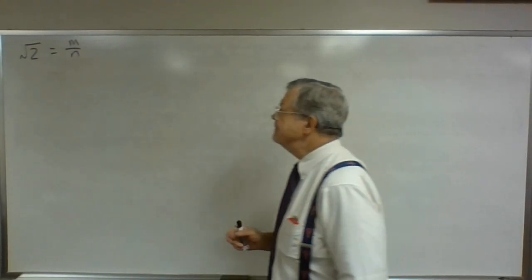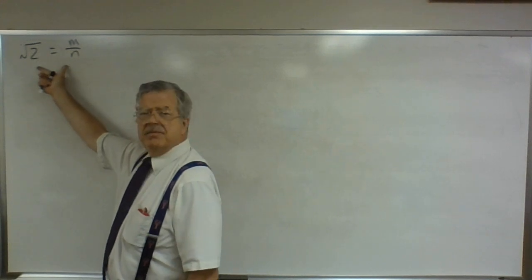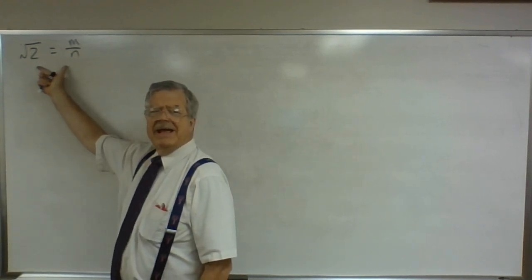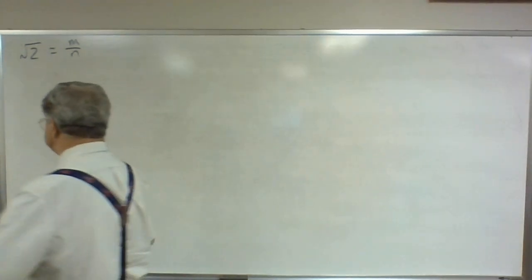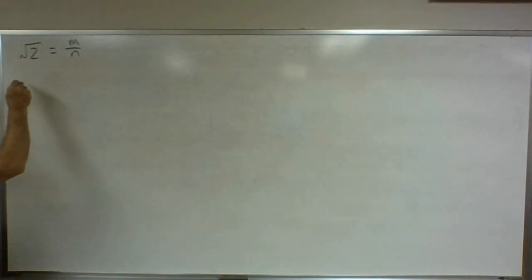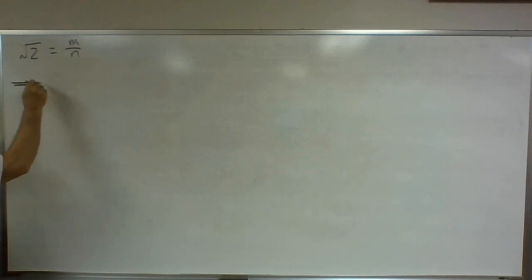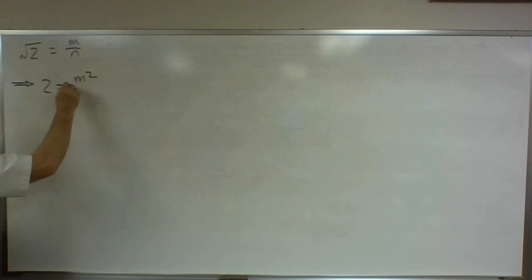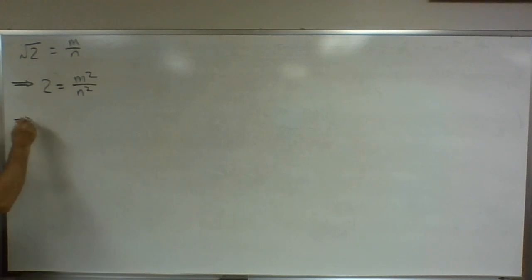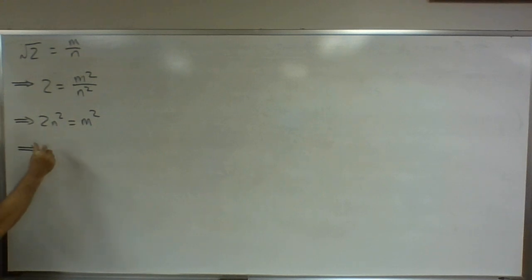Let's continue. We had square root of 2 is equal to m over n, where m and n are relatively prime. And for lack of anything better to do, we square both sides and multiply both sides by n squared. This means that 2 is a factor of m squared.